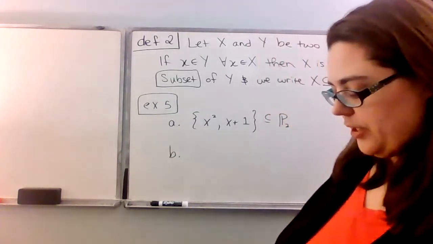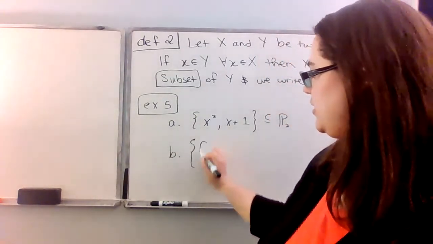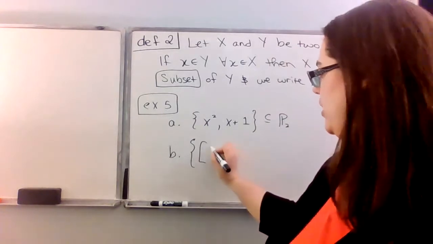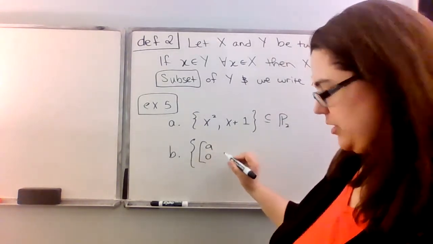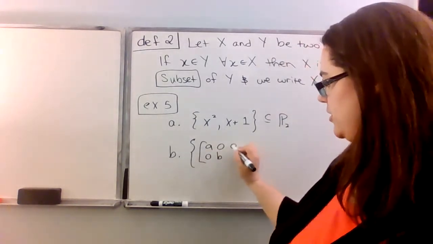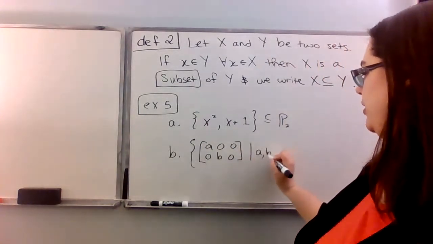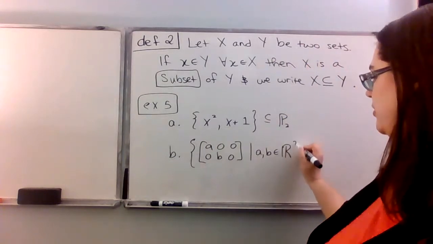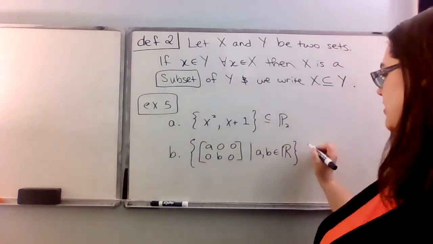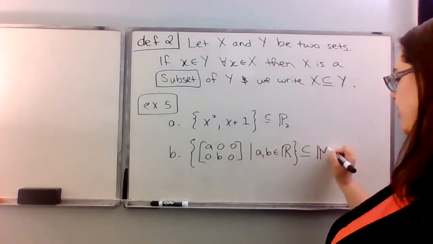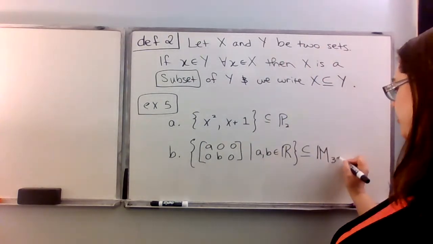And then for part B here, we have the set containing a matrix of the form a, 0, 0, b, 0, 0, so that a and b are reals, is a subset of M32.